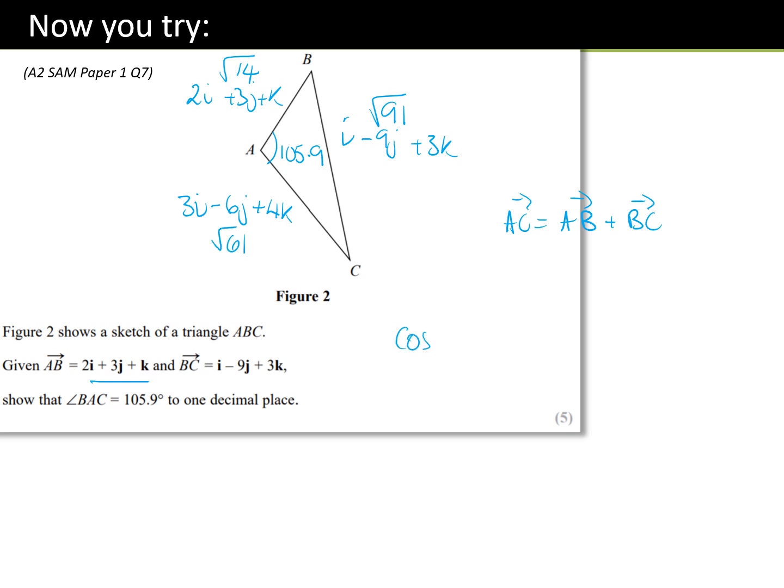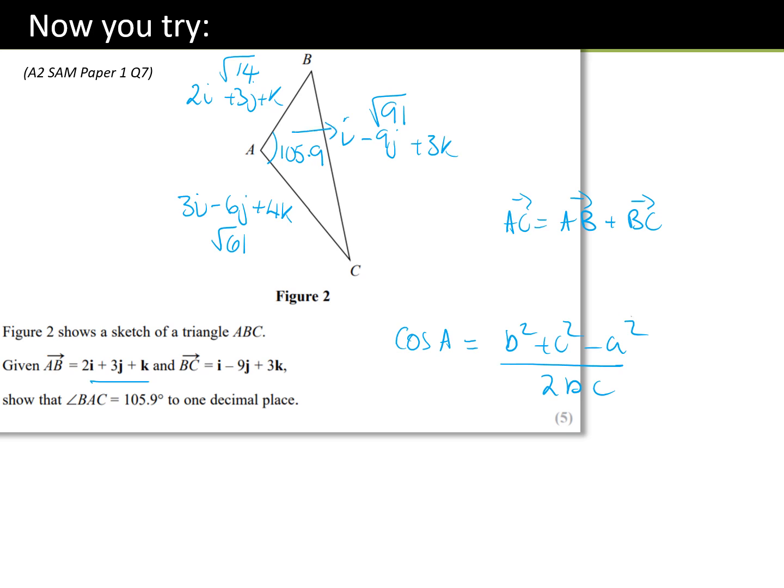And then cos of the angle is equal to b squared plus c squared minus a squared all over 2bc. So the angle we want, little a, is going to be opposite.